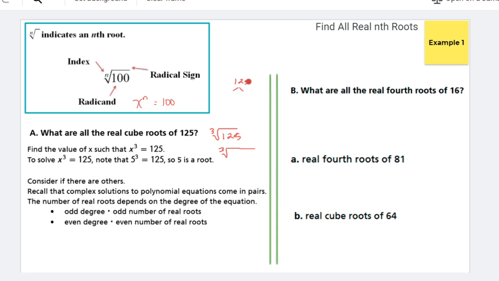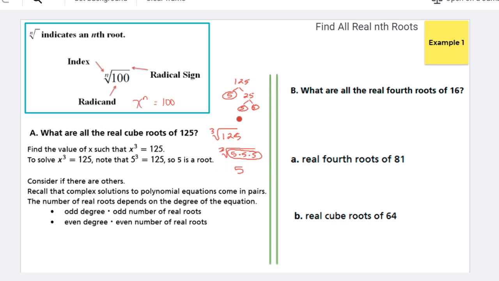I know that 125 ends in 5, and if I divide that out I get 25, and 25 is 5 times 5. So don't be ashamed to go back to your roots and get that prime factorization. So I'm using the cube root of 5 times 5 times 5. If you have 3 of a kind, because that matches our index, you can pull that outside of the radical, and that's where the 5 comes from.